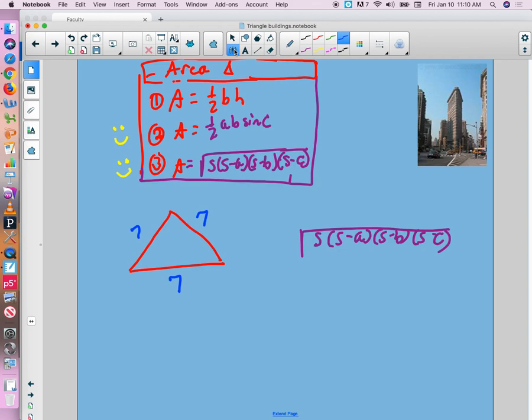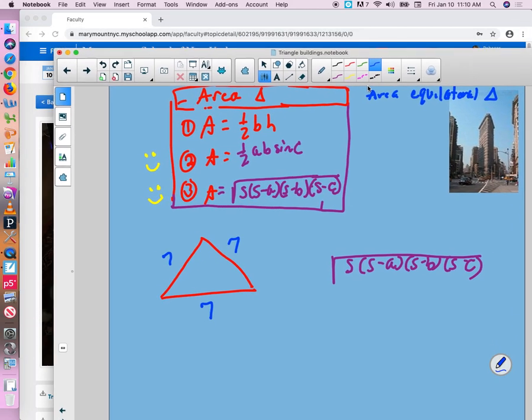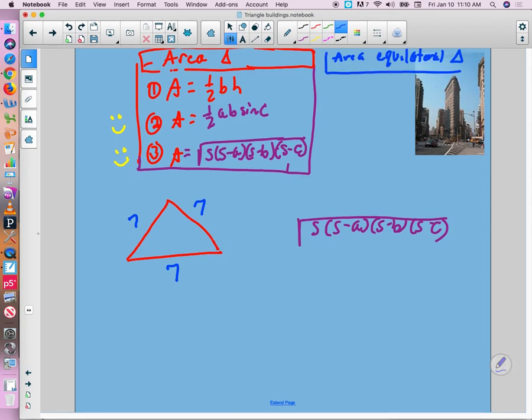You need side, angle, side. Okay. You can go in and add this also.